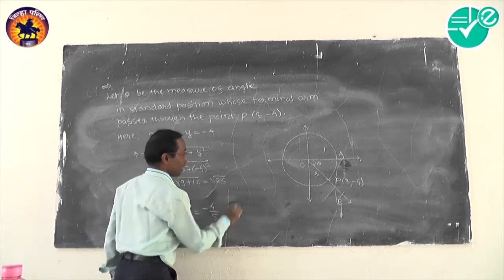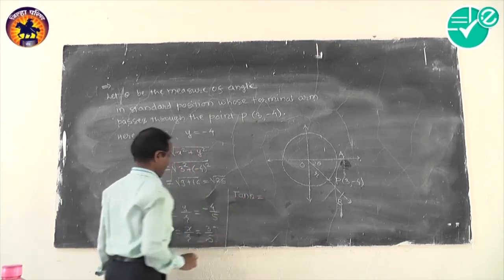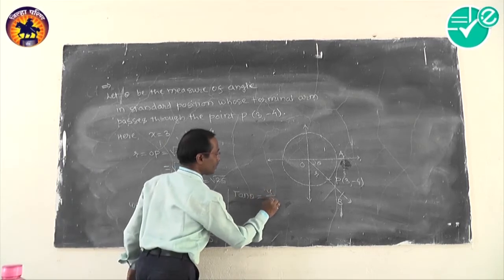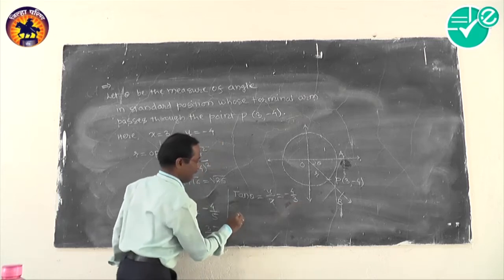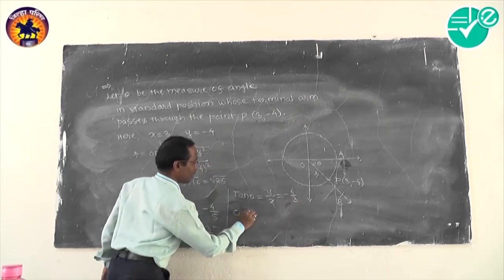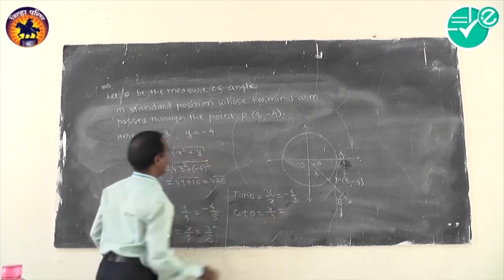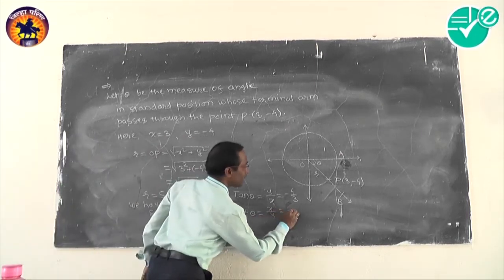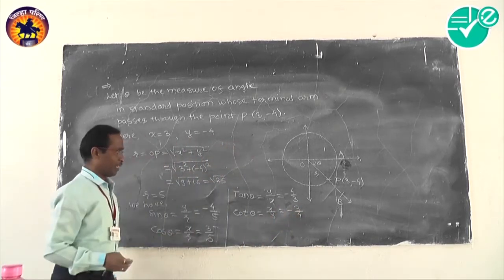Tan theta is equal to y upon x, which is minus 4 upon 3. Cot theta is equal to x upon y. The x coordinate is 3 and the y coordinate is minus 4, so this can be written as 3 upon minus 4, which means minus 3 by 4.